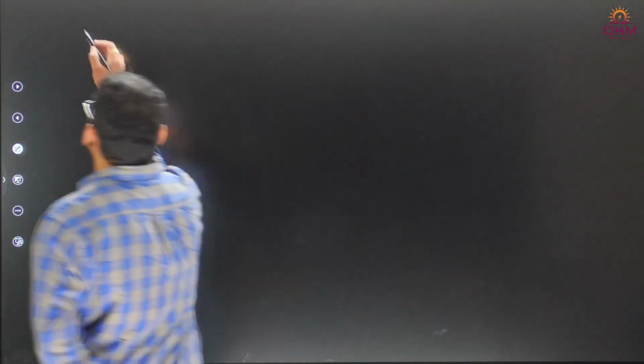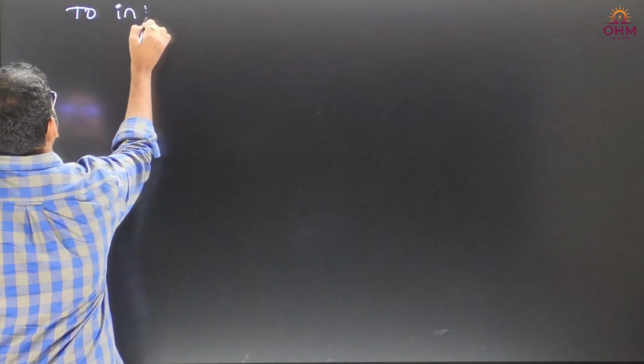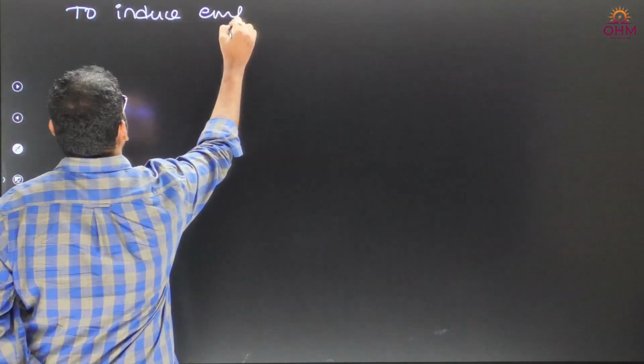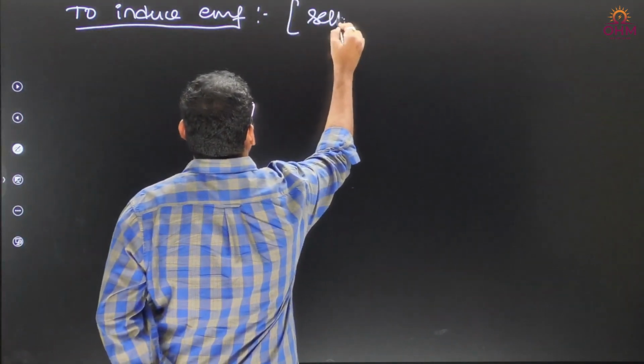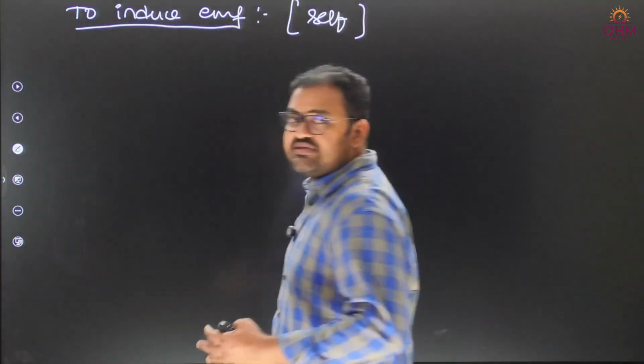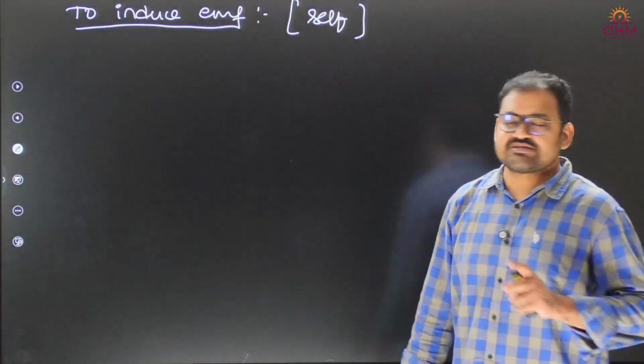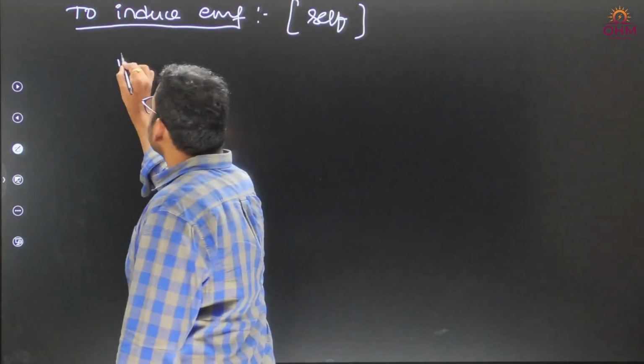First of all, what are the conditions to be satisfied to induce EMF? What are the conditions to be satisfied in a self-excited DC generator? That means you can consider DC shunt generator. Okay, yes, the first rule is residual flux is mandatory.